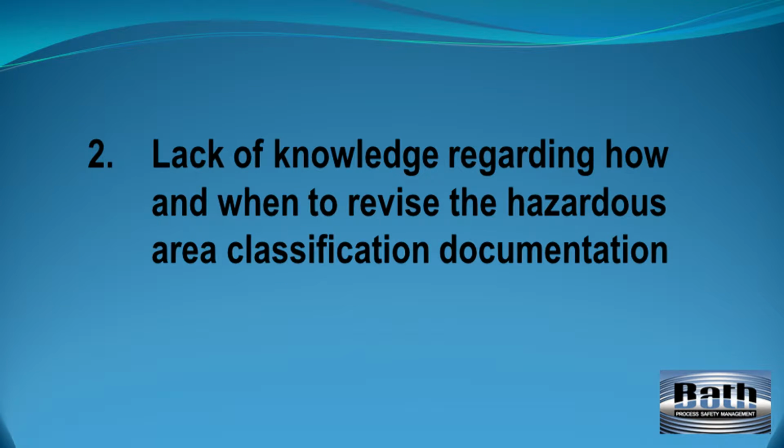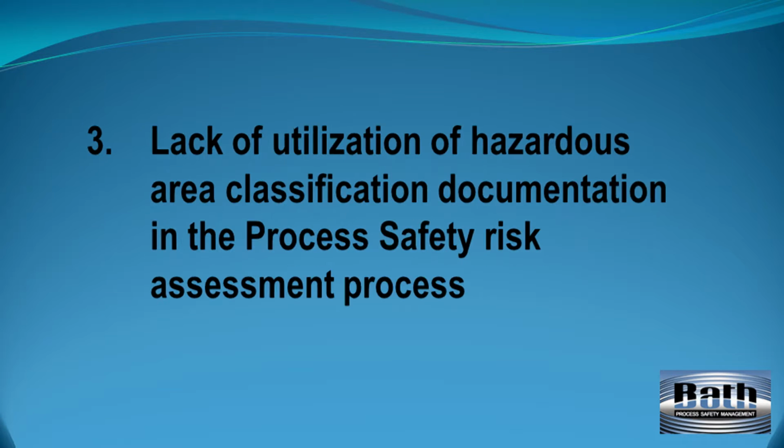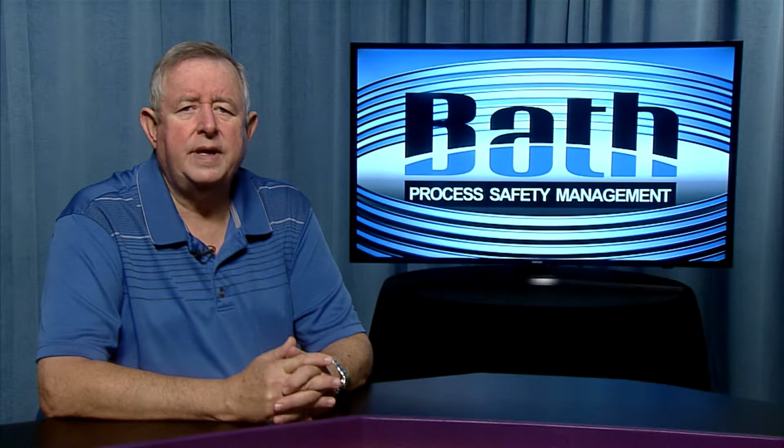The second category is the lack of knowledge regarding how and when to revise the hazardous area classification documentation. The third category is the lack of utilization of hazardous area classification documentation in the process safety risk assessment process. Let's further discuss the three categories to better explain what I mean.